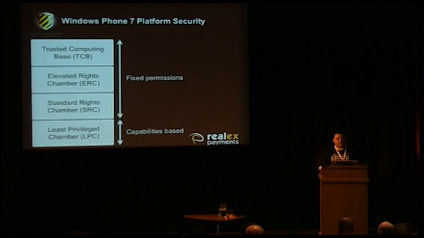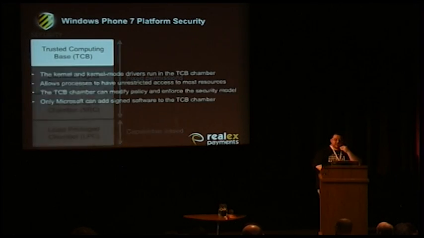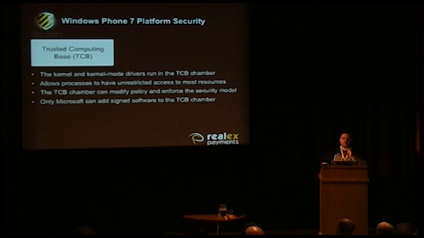For the majority of us, we're going to be running in the least privileged chamber at the bottom, which is the one that I said is capabilities based. So you can think of it as the others have a fixed permission set, that has a dynamic permission set, because that's going to change for every app that we execute.